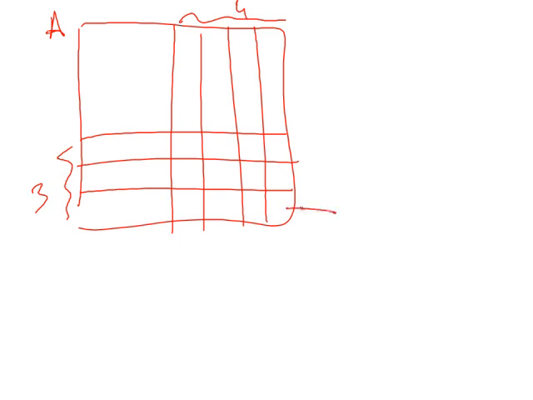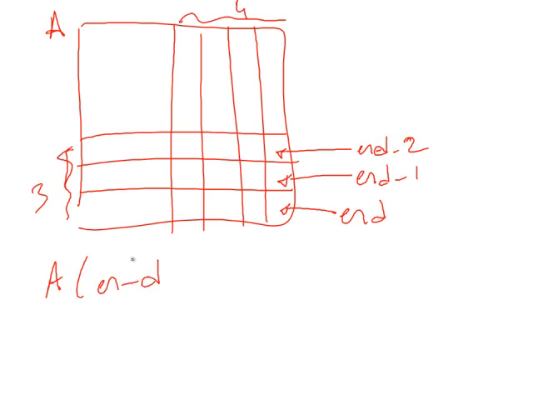To be able to refer to the last column, the last row, you would use end, END. 1 before the last one is end minus 1, and 2 before the last one is end minus 2. So if I want to access these 3 rows, I would have to say end minus 2 all the way to end, right?